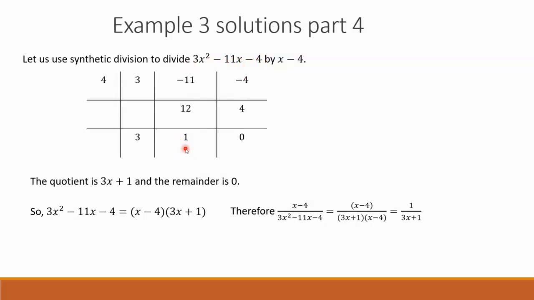And this is saying that the quotient is 3 times x plus 1. Remember, the quotient's always 1 degree less. So this was x squared, the quotient's degree 1. So altogether, we get 3x plus 1 times x minus 4. Plug it in, x minus 4, as you can see, cancel.